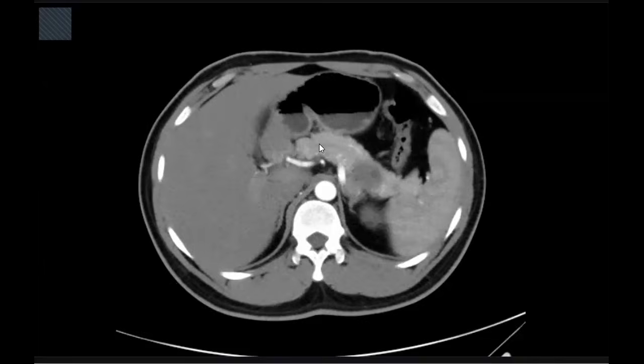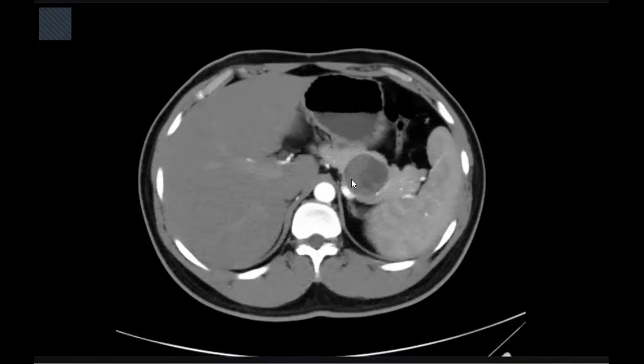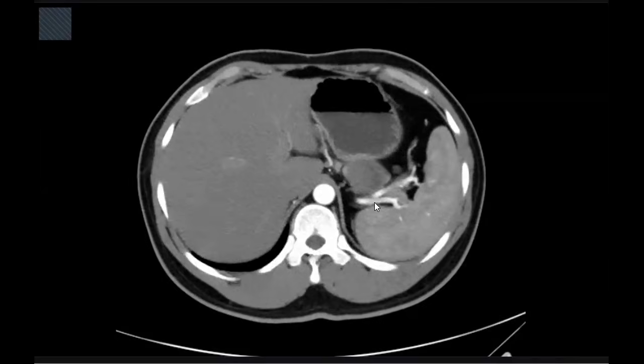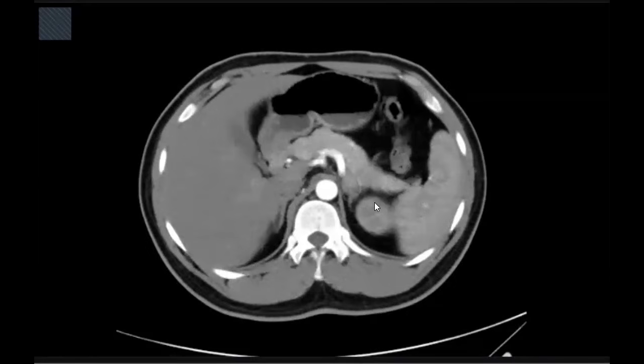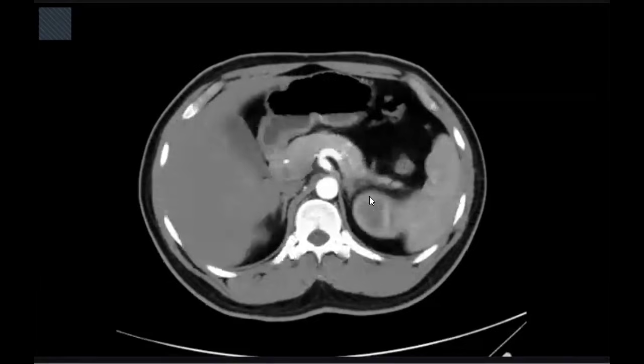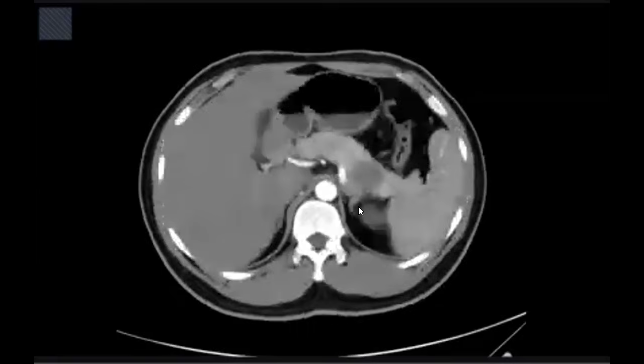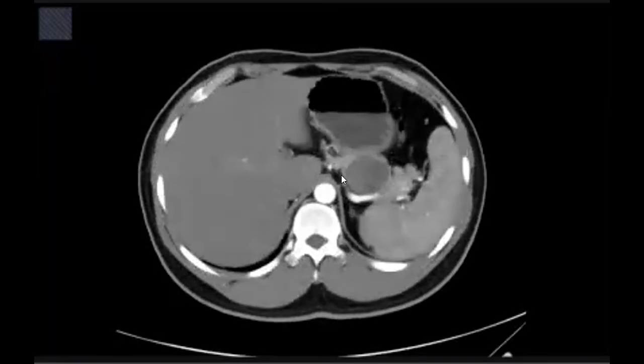There is minimal prominence of the pancreatic duct, but not dilatation. Okay, I can see the bilateral adrenal glands appear unremarkable. And I'm asking about the pancreas.